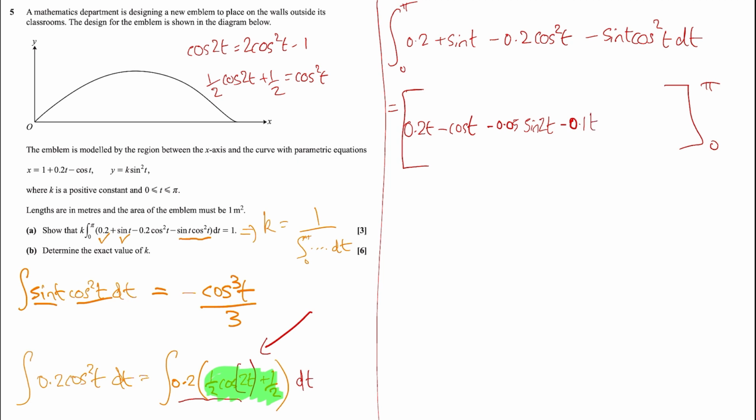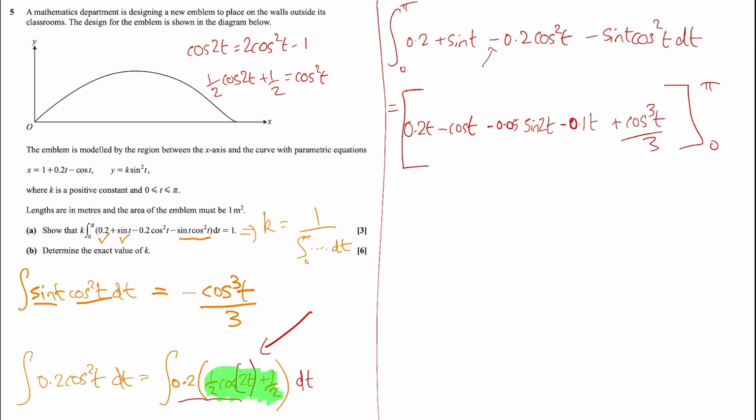You might be thinking, where does the minus come from? But that is here. And then finally, sine t cos squared goes to negative cos cubed t over 3, which is just plus cos cubed t over 3. So that's the hard bit done now.